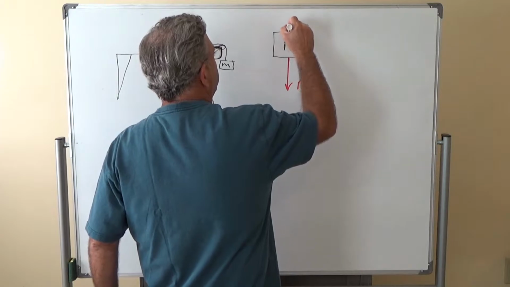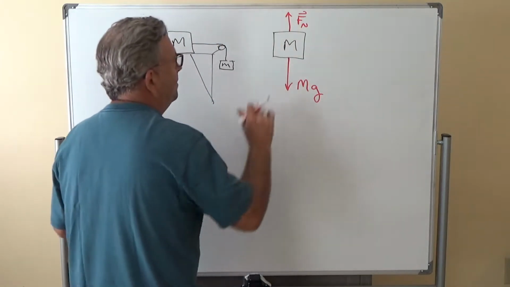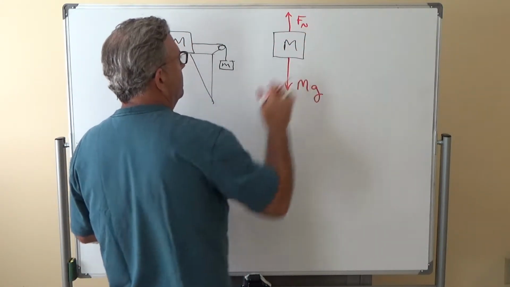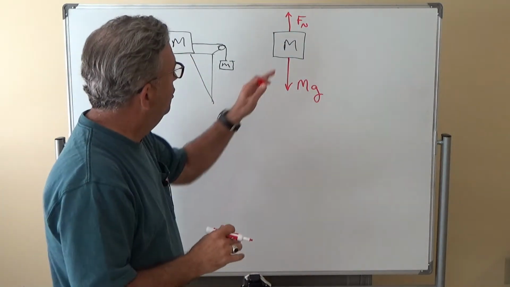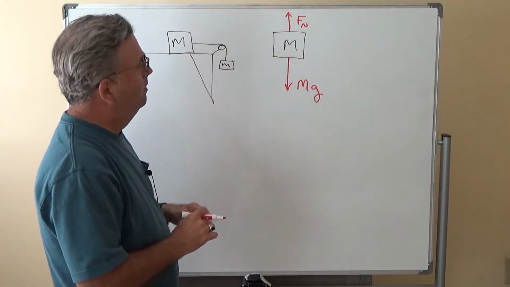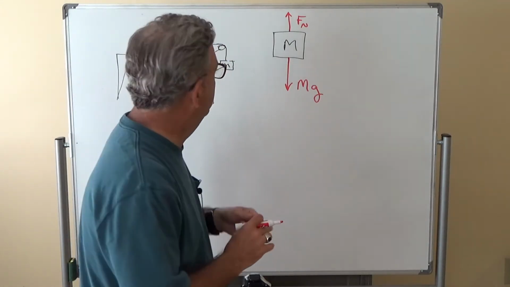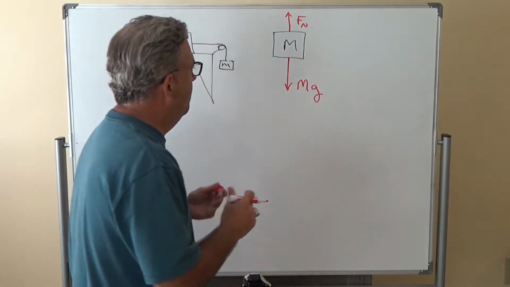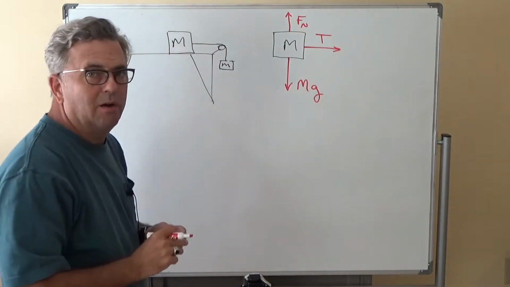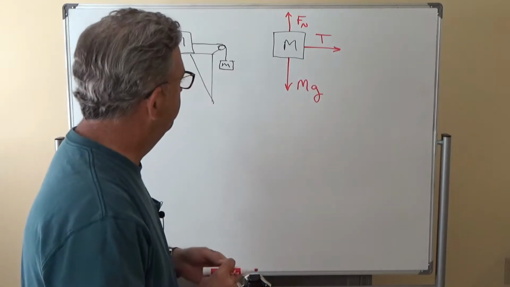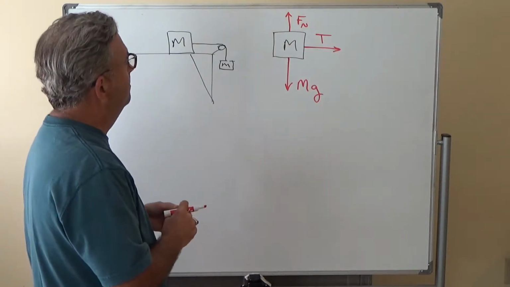There's a normal force acting on this object. I'm not going to put the vector arrows here. That's the arrow, meaning it's a force, okay? So there's a normal force, that's the table pushing back up on that large mass, a contact force between the mass and the table. There's also this force of tension acting in this direction. I'm going to call that big T for tension. Any other forces acting on the large mass? I don't think so.